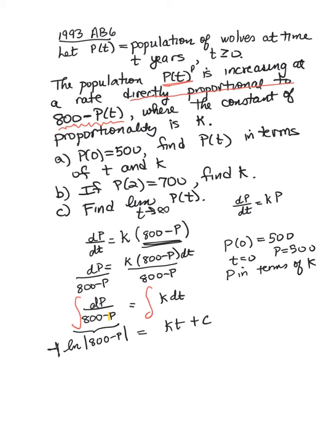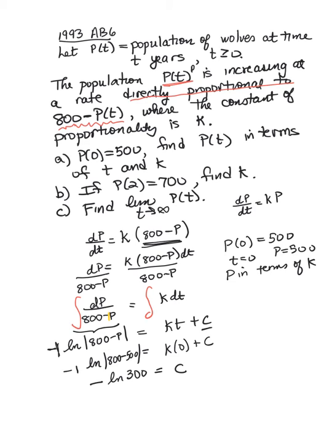All right, now we're going to solve for the c. We solve for the c by substituting P of 0 is 500. So when t is 0, P is 500. So I get negative ln of 300 equals c. So that's my constant.